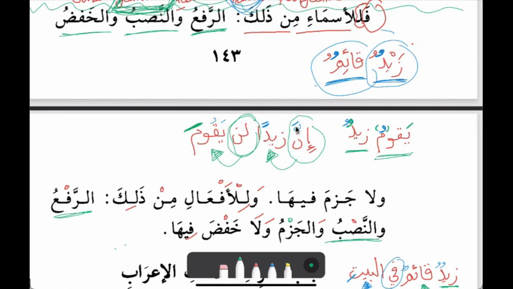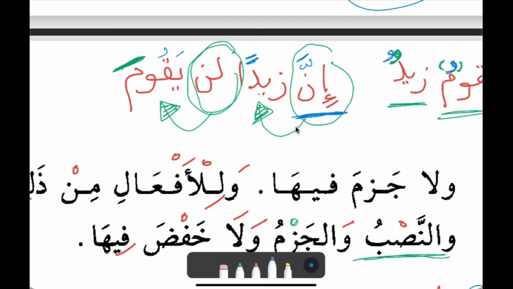So you say, Inna harfu nasbin wa tawkid. Inna is an accusative particle, and a particle for intensification. Now, when we translate, the only thing that's going to translate is the intensification. Indeed, but in Arabic, it's doing also nasb actually on the noun. Inna Zaydan. Zaydan ism inna.